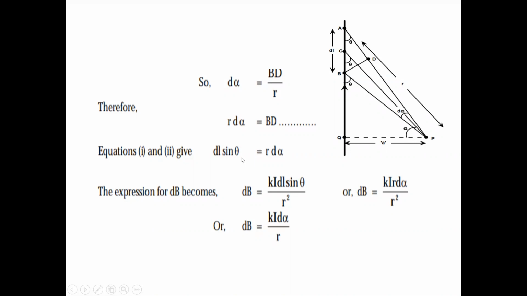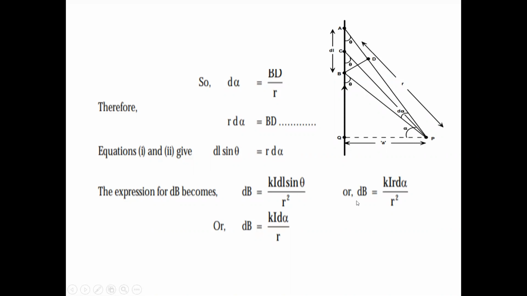From this figure, it is clear that the value of dl sin theta is equivalent to R d alpha. That means in this expression, we have to replace the dl sin theta value by R d alpha.